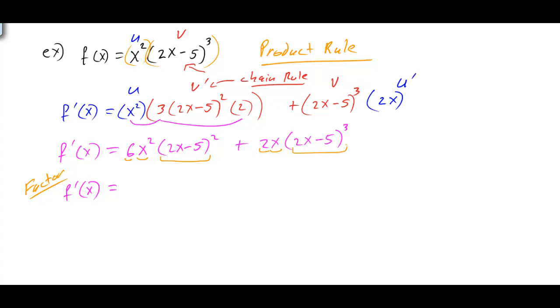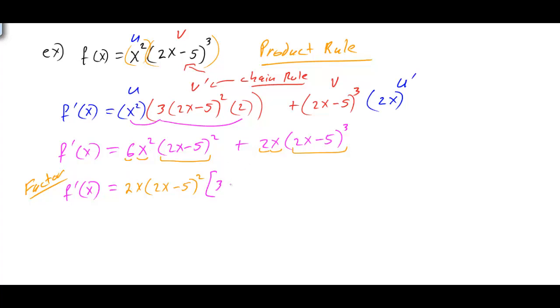So we're going to be able to factor out a 2, an x, and also a (2x - 5)². If we factor all of this out, factoring a 2 out of the 6, you're left with 3.